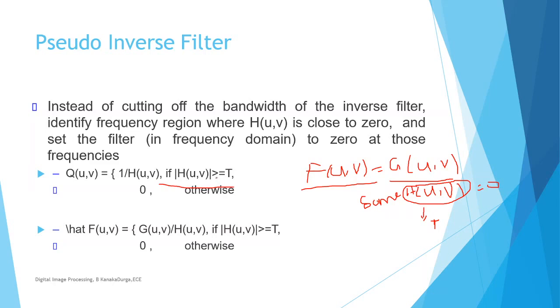It cannot be equal to 0. If it does not satisfy this, that is, it is not greater than the threshold value, we are going to consider Q(u,v) equal to 0. Nothing but the total value is 0.